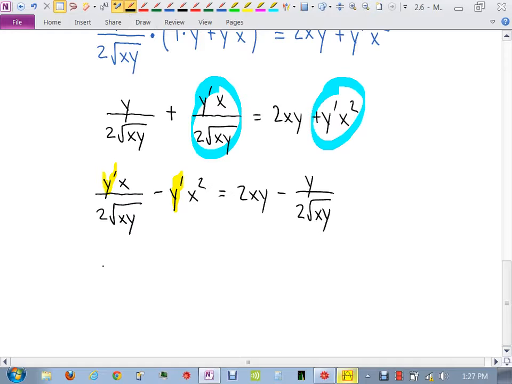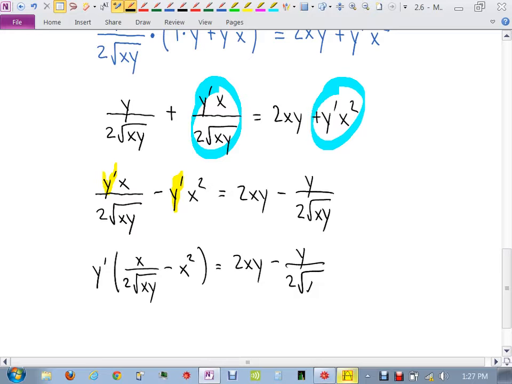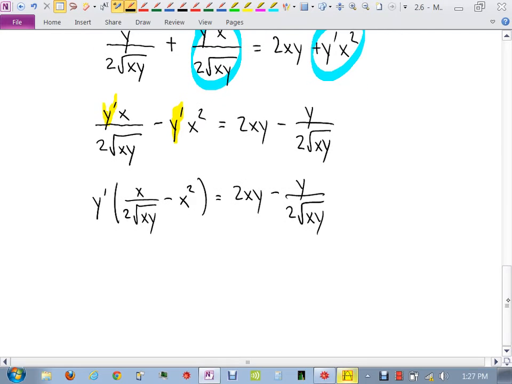So I'm going to factor out y prime and be left with, it's going to be kind of ugly, but, you know, less is life, right? So I haven't changed the right side. All I did was pull the y prime out, right?